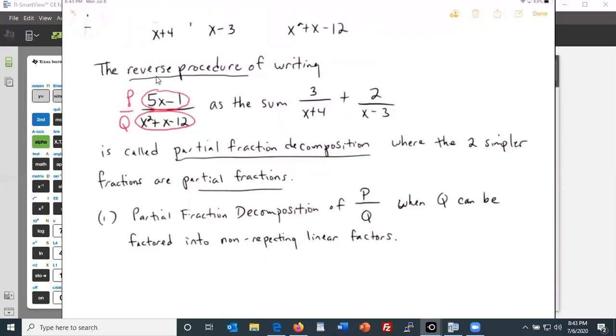Okay, so what does this mean? That the denominator Q can be factored into non-repeating linear factors.